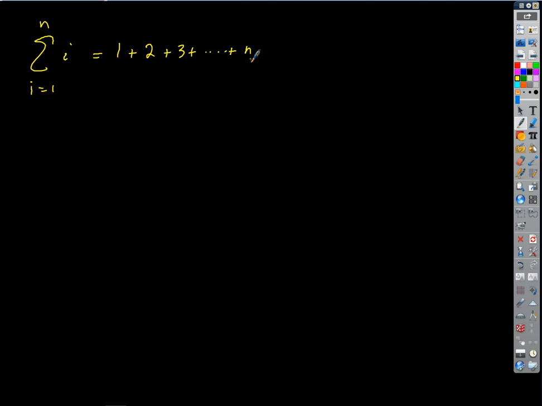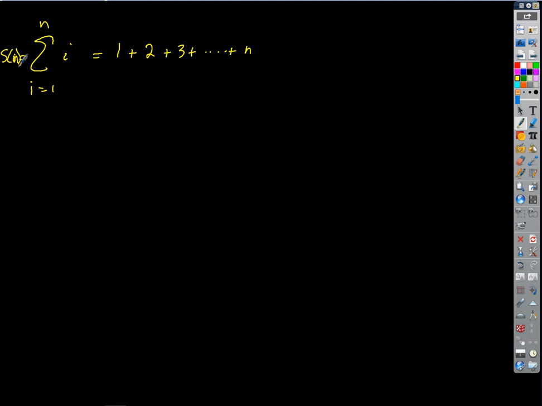Get the idea? Okay, so if we make a table that represents this, I'm going to call this S of n.